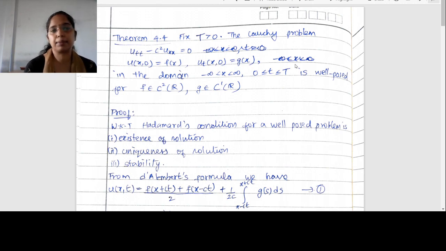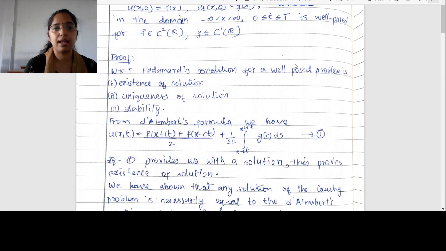Then we say that the PDE is stable. If we make a small change in the initial condition and the solution varies drastically, then the PDE is not stable. Such a solution is not of interest to us. So a solution should satisfy these three conditions, which are called Hadamard's conditions for a well-posed problem.